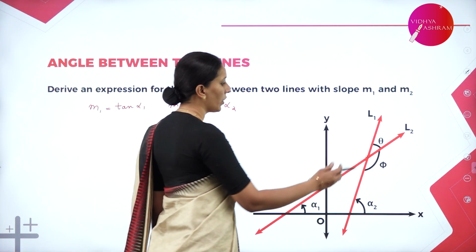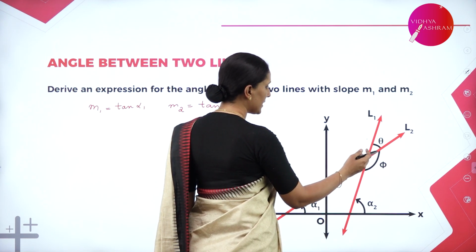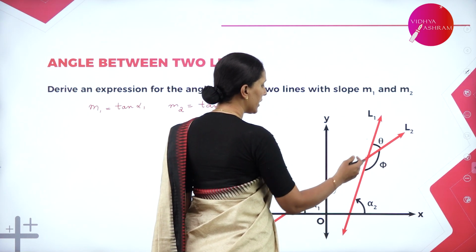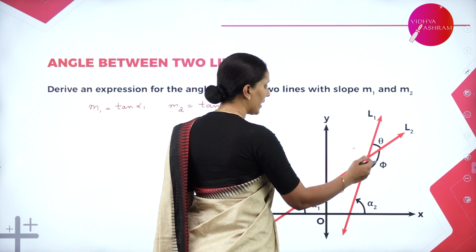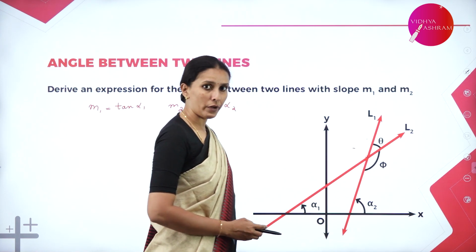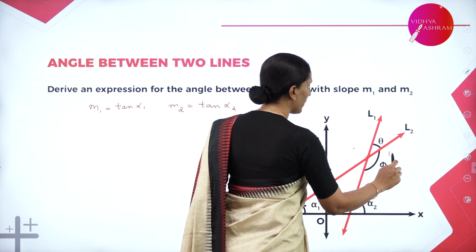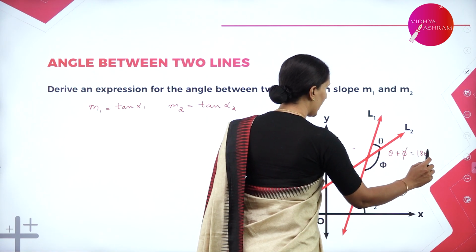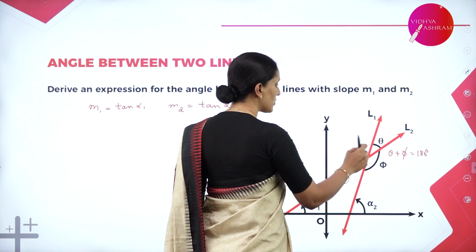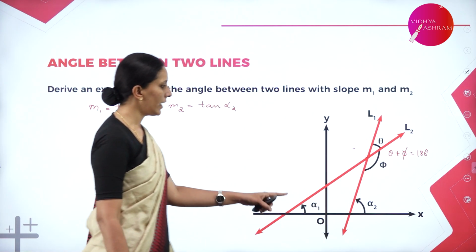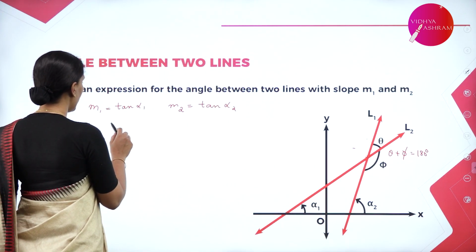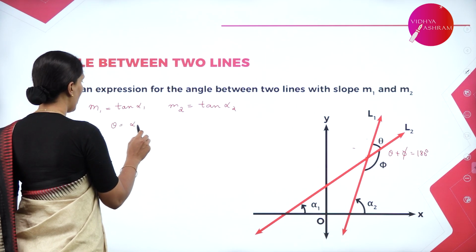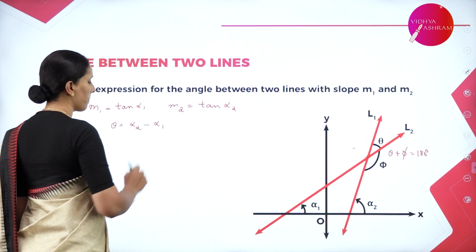We know that when any two lines intersect each other, they always form vertically opposite angles, making the adjacent angles equal to 180 degrees. So from the figure you can see theta plus phi is always equal to 180 degrees. They also create vertically opposite angles, and hence from the figure we can see theta is equal to alpha 2 minus alpha 1.